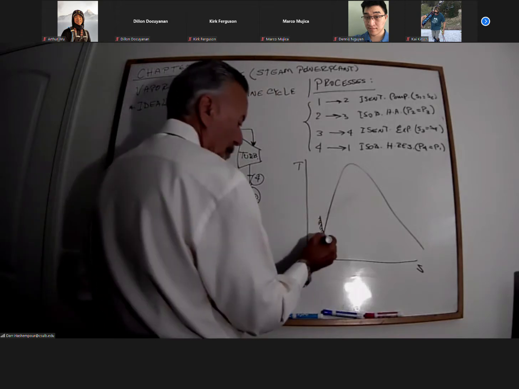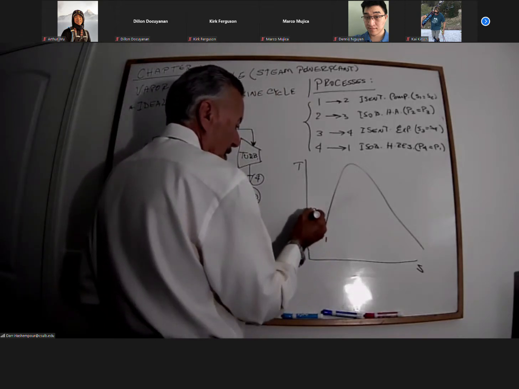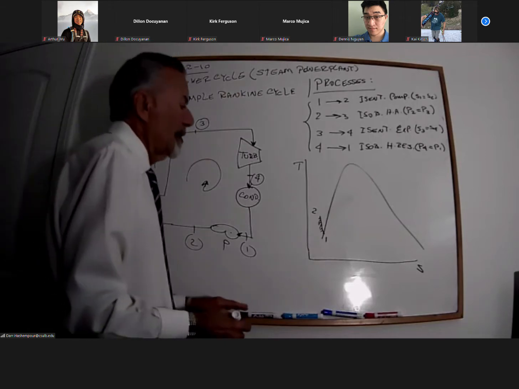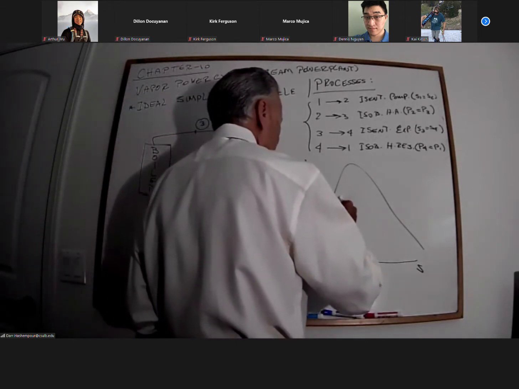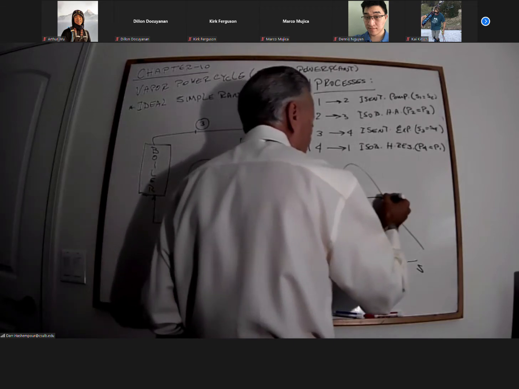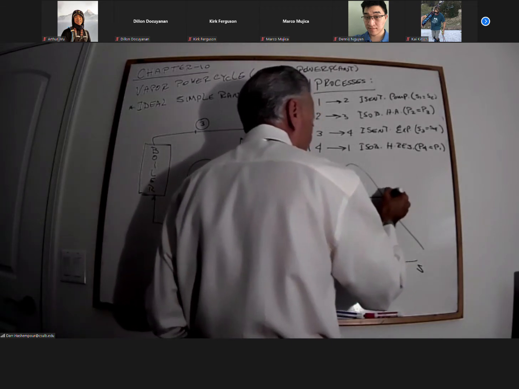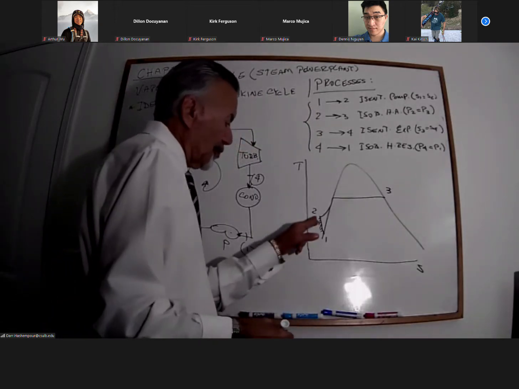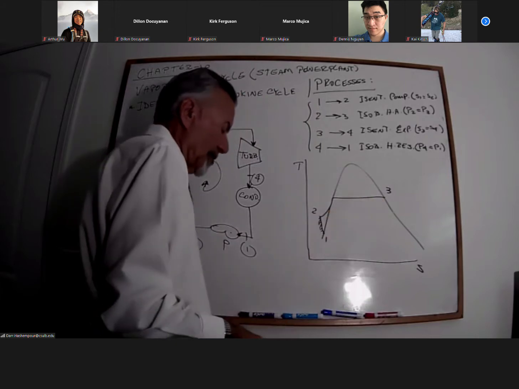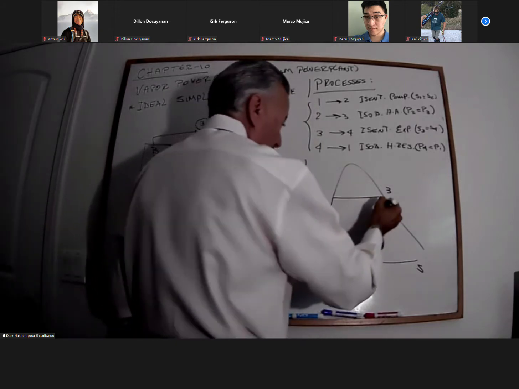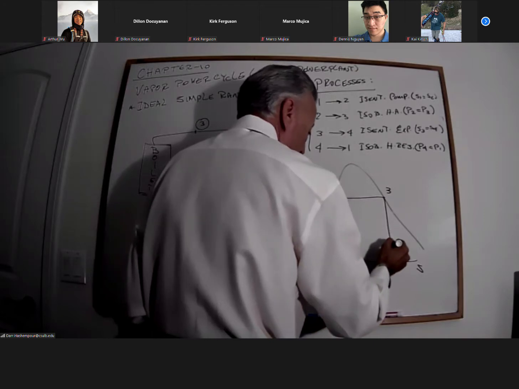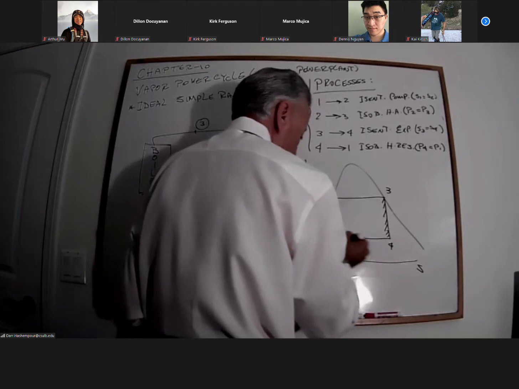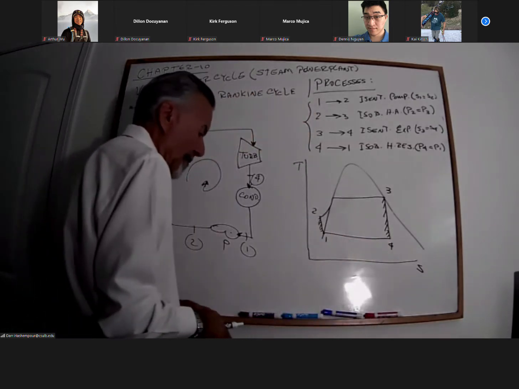So that's my point 1, isentropically going up to point 2. Now between 2 and 3, the heat addition happens isobarically, and that's point 3. So the pressure at points 2 and 3 are the same. Then I'll come down isentropically to point 4, and then connect it back to point 1.